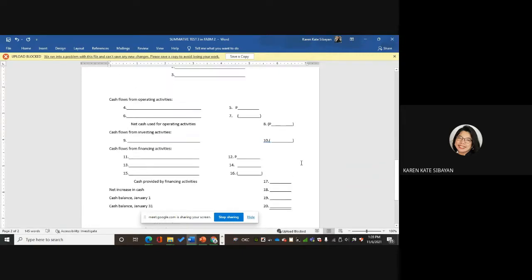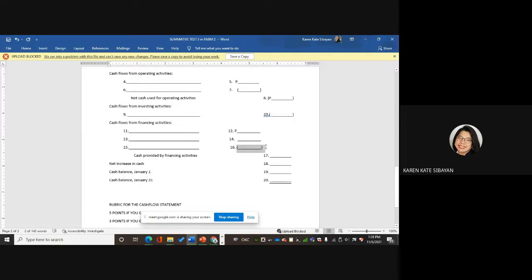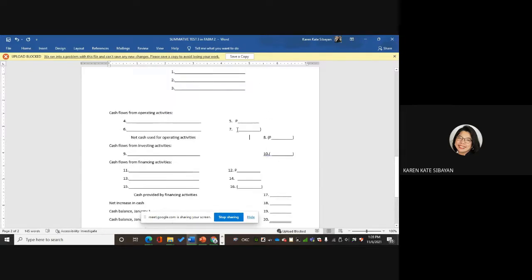So, ano ibig sabihin yan? All of this indicates that negative siya. Meaning to say, kung ay asset, dapat siya ay nasa credit side. Kung ito ay expenses, dapat siya ay nasa credit side also.